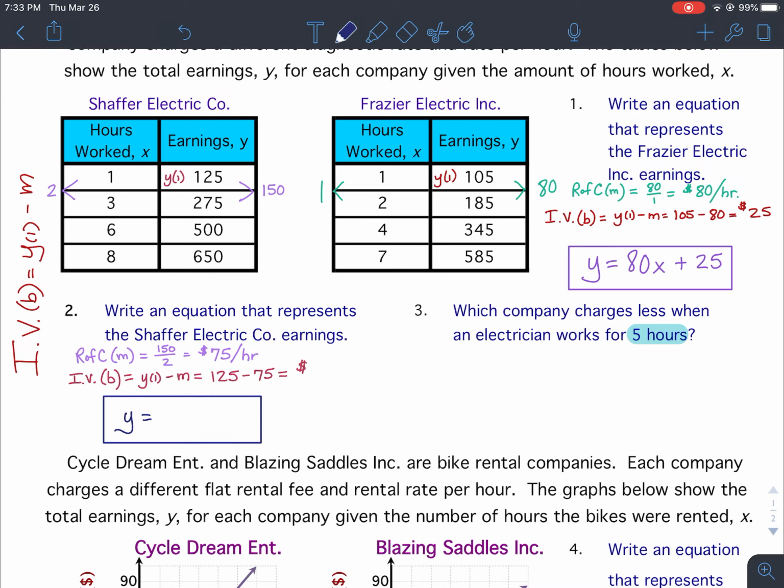So let's start by putting FE, that will be for Fraser Electric. And that equation was 80x plus 25. So wherever the x is, I'm going to put parentheses: 80 parentheses plus 25. Then Schaefer Electric, let's put SE for Schaefer Electric.